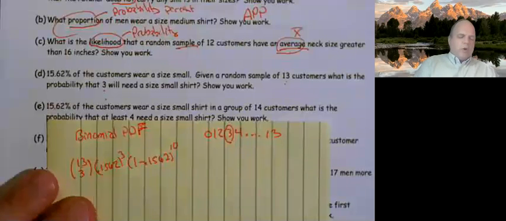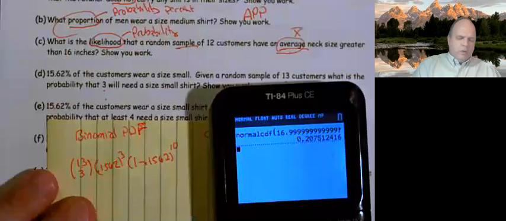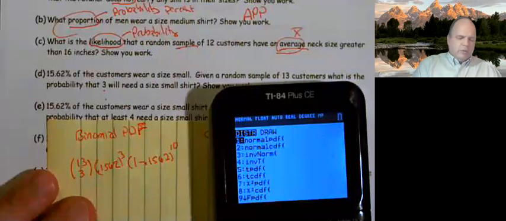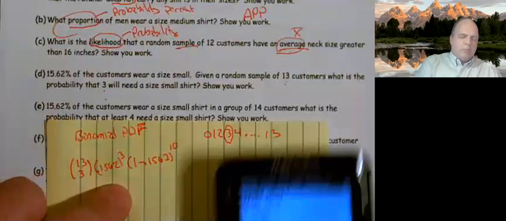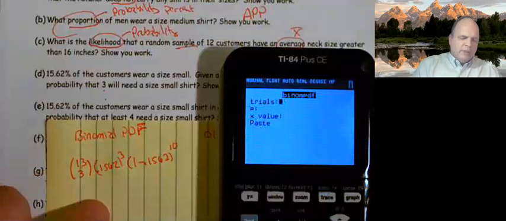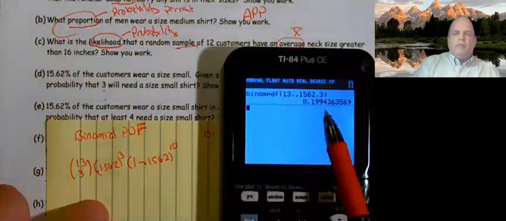That was pretty good for work. Second vars, binomial PDF, because it's a singular value, we only circled one number. Trials is 13. Probability is 0.1562. Our X value is 3. So 0.1994.